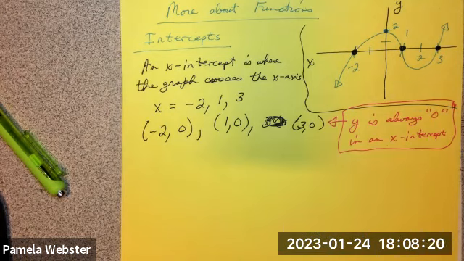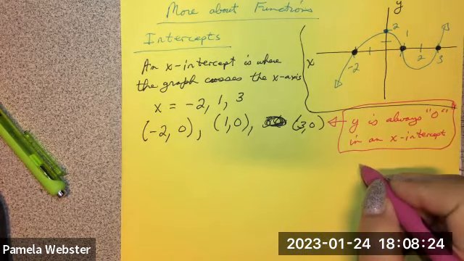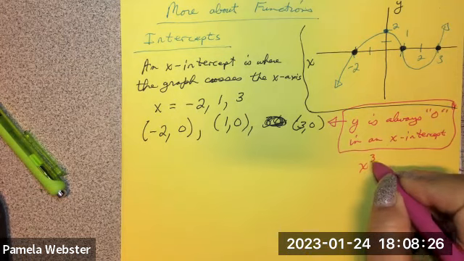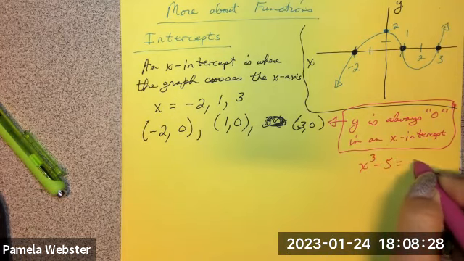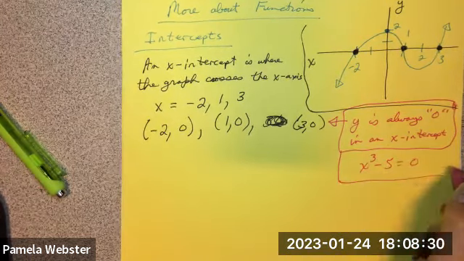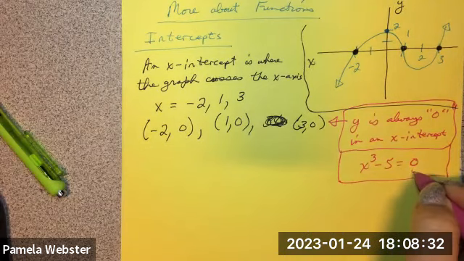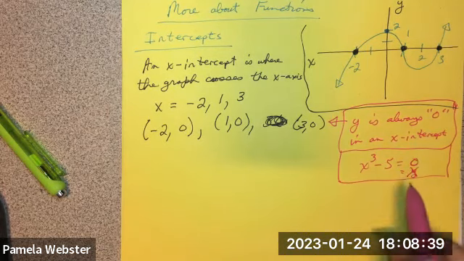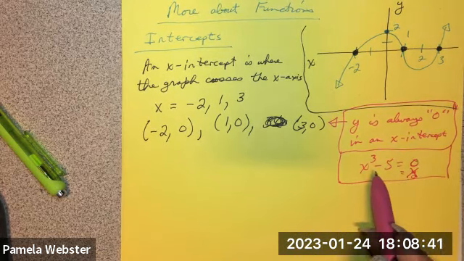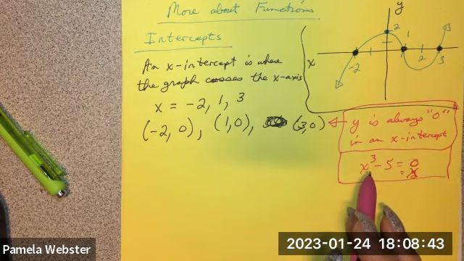That would look something like this: you've got an equation, I'm just going to make one up, x cubed minus 5 equals 0. If I set y equal to 0, then all I have to do is solve this and I will be able to find my x-intercepts, okay?